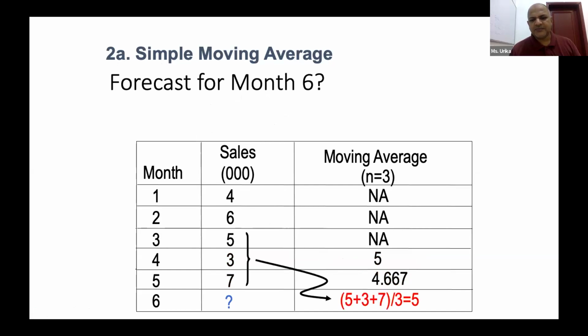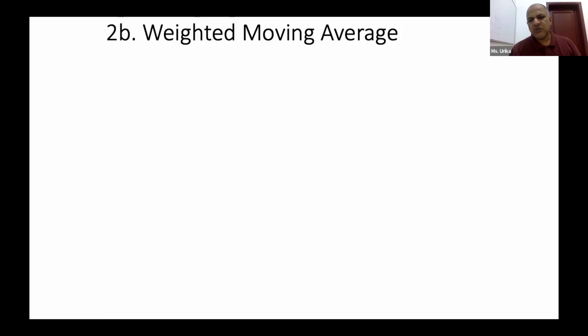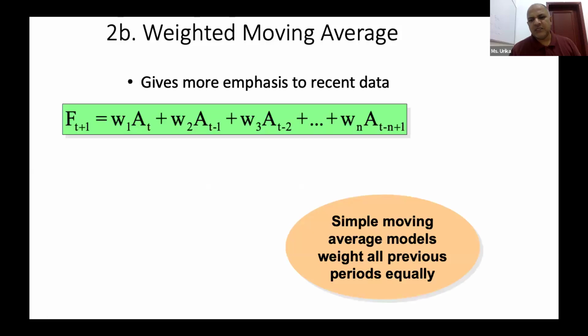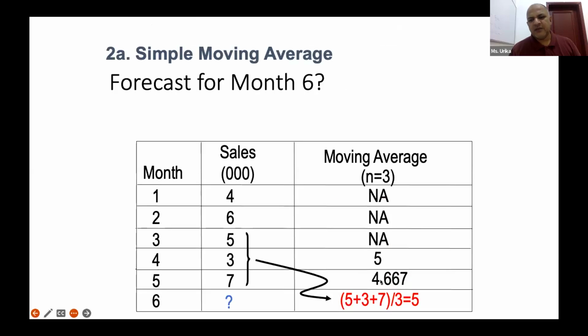You understand? How do you calculate? This is the simple average, the simple moving average. So now you are going to have your numbers. Here 5, 4 point, here 5.